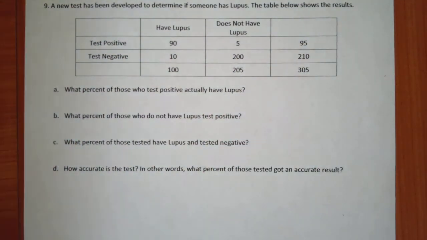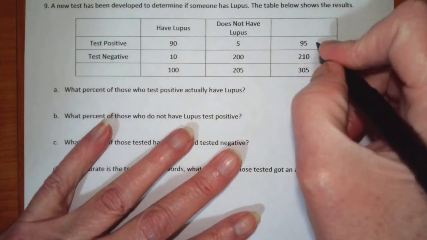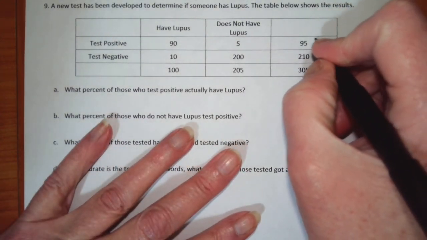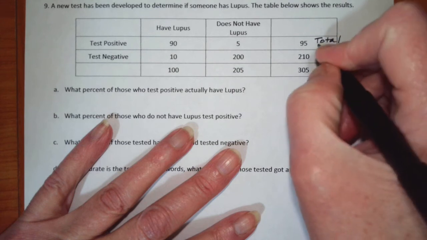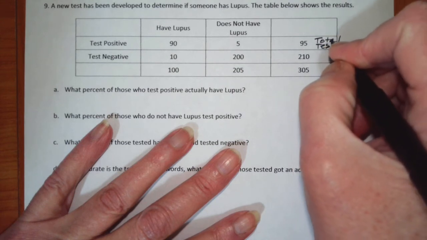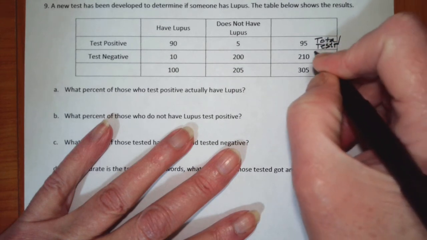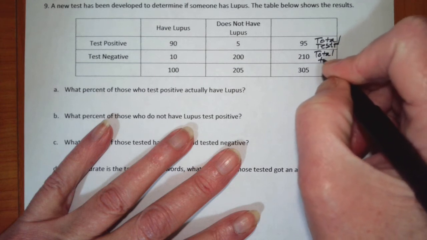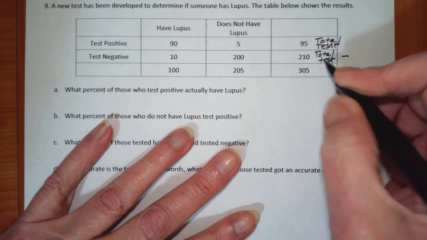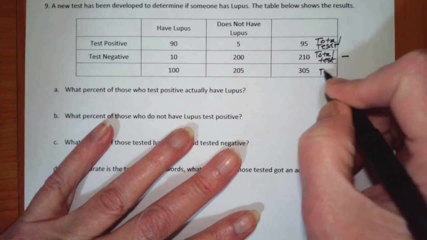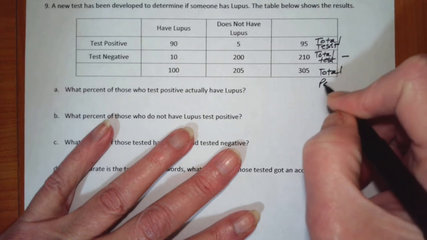Now, what I would do, to spend a little time and make sure I understand what's going on, is label these. This is total test positive, and this is total test negative. This is total participants.